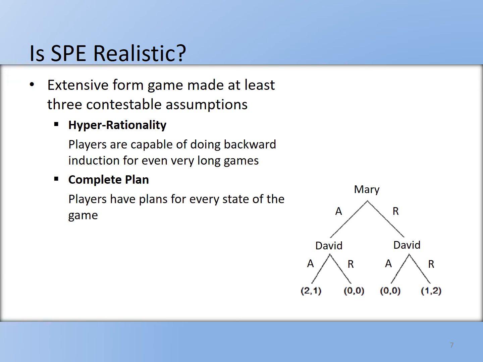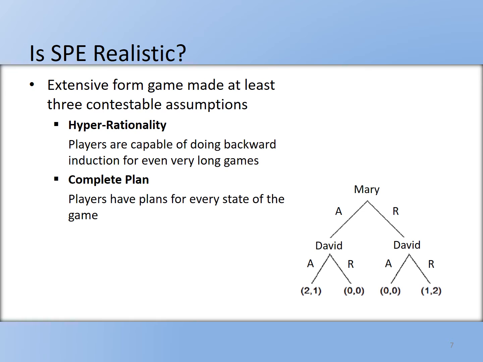Second, complete plan. Players have plans for every state of the game, including outcomes that do not occur. Is that realistic? Simple. What's your plan if there's an earthquake in Hong Kong in the next 30 seconds? Plan? None, right? No plan. Now, you already violated a complete plan.